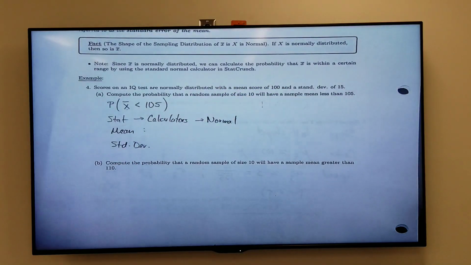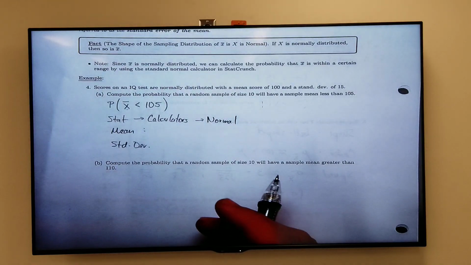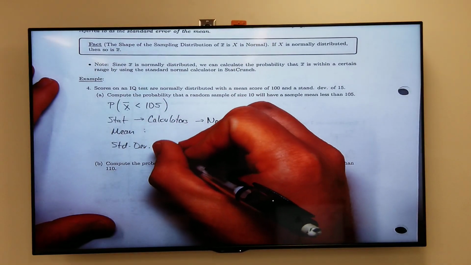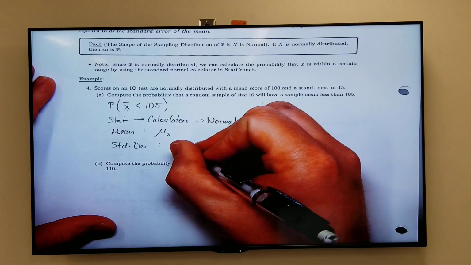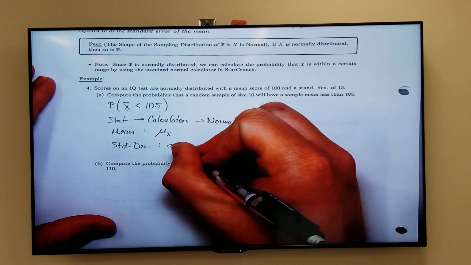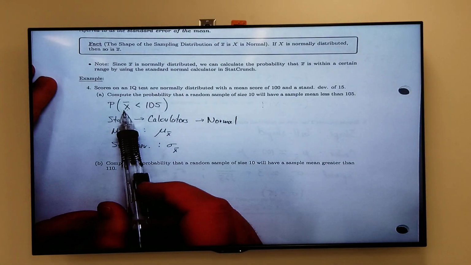Well, we don't want to enter mu and sigma for the mean and standard deviation. We want to enter mu sub x bar and sigma sub x bar, right? Because we're trying to calculate a probability involving x bar.